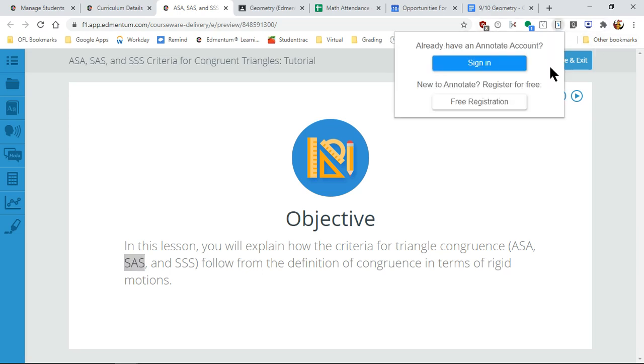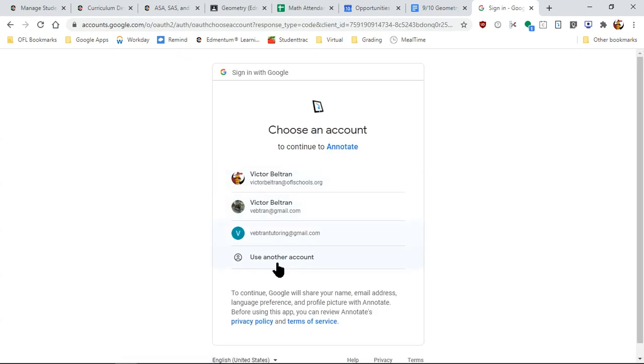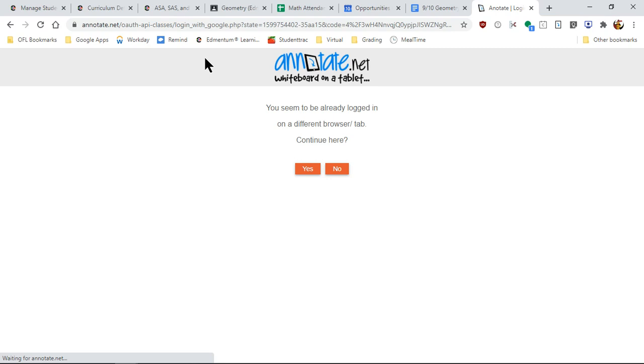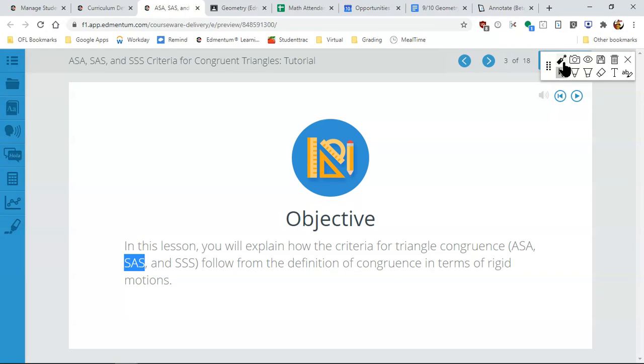So let me turn on my pen here real quick. I forget I have to turn my pen on every single time. Yeah, that's fine. All right. There we go. So, for example, it would help if I had my tablet out.